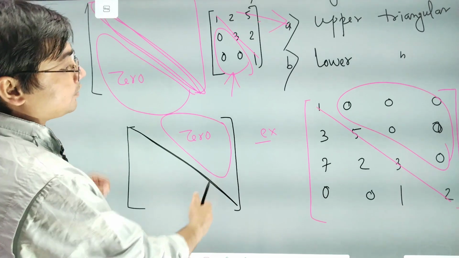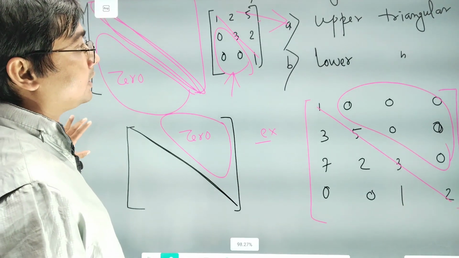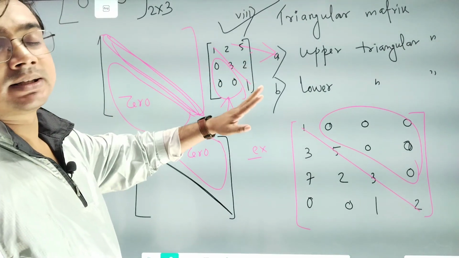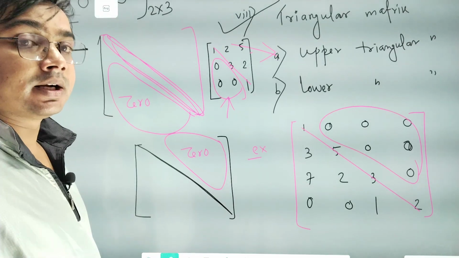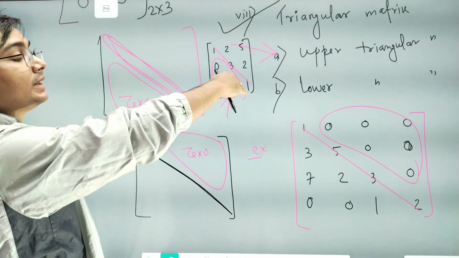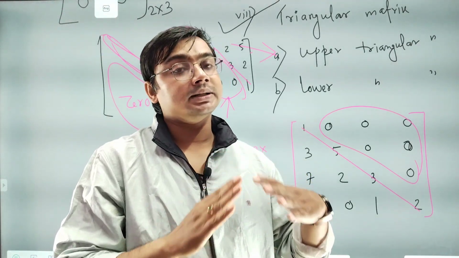So these two types of matrices are most important. Hope you can easily remember them: one is called upper triangular, another is called lower triangular. Here again I will repeat. In the case of an upper triangular matrix, all the elements below the principal diagonal are 0.